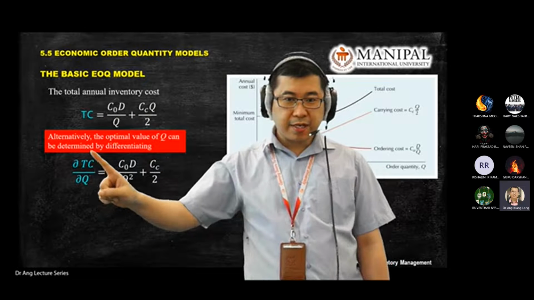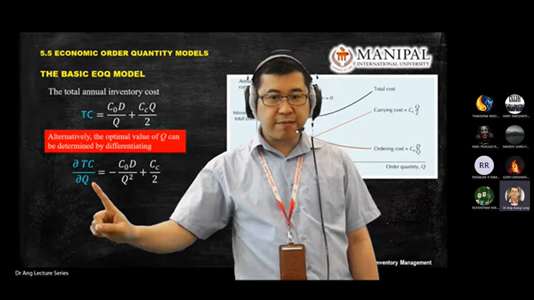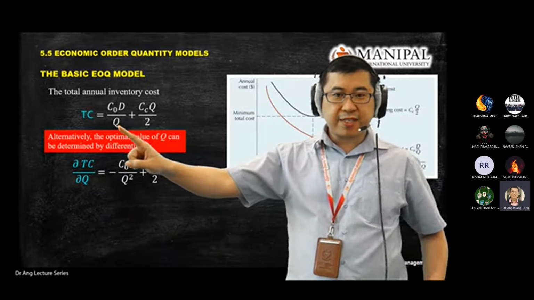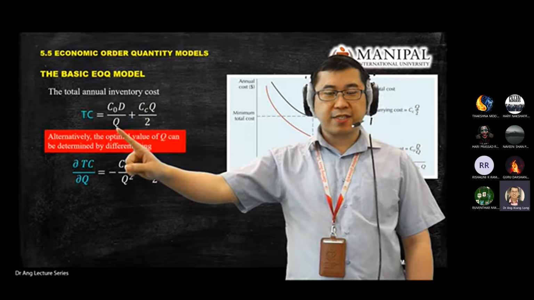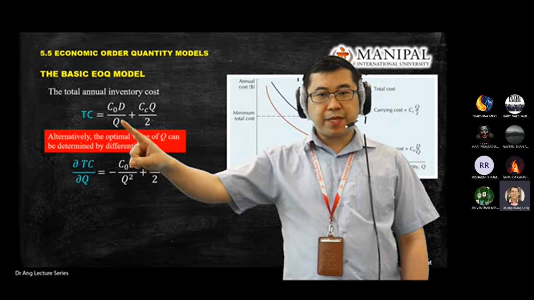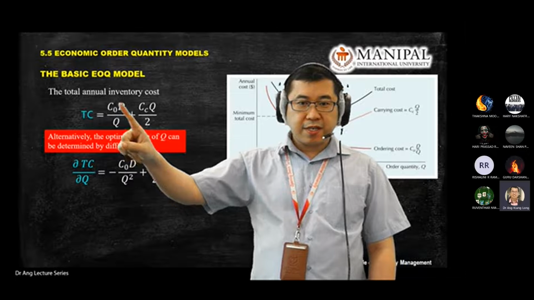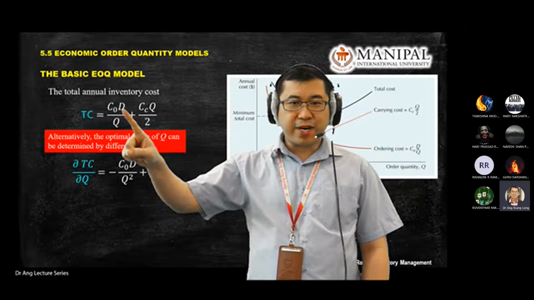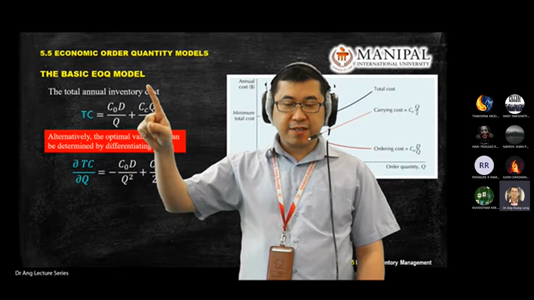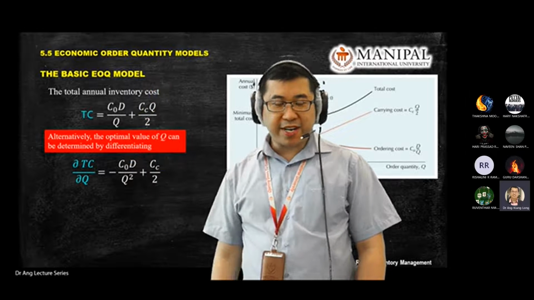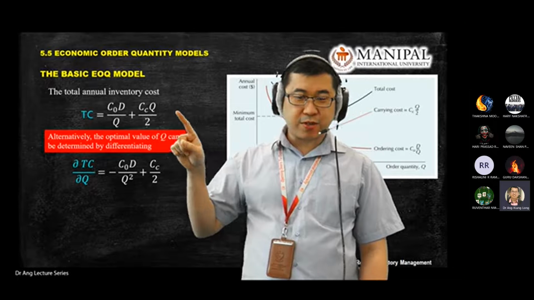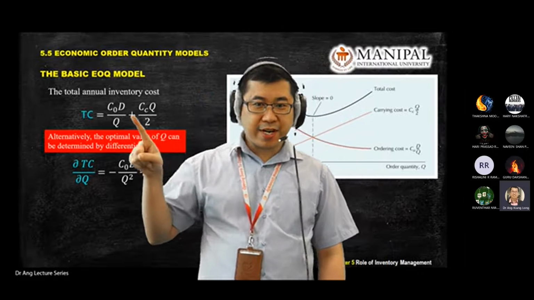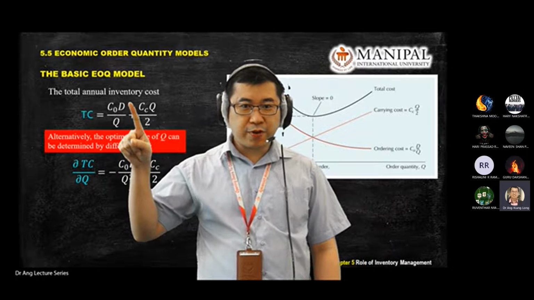In this case, we take the TC divided by Q. So this one is your X, right? dy/dx of 1 over X, or this one maybe complicated to you, 1 over X is equal to X power negative 1, right? So this one is 1 over Q.